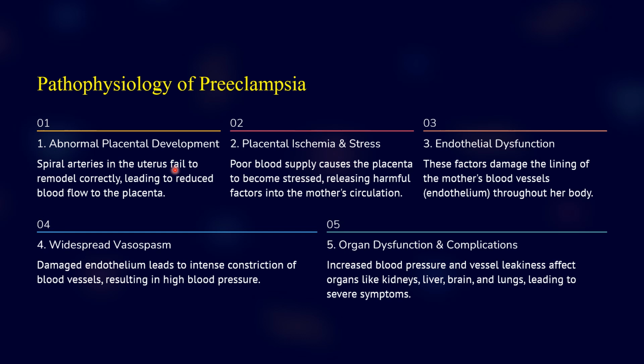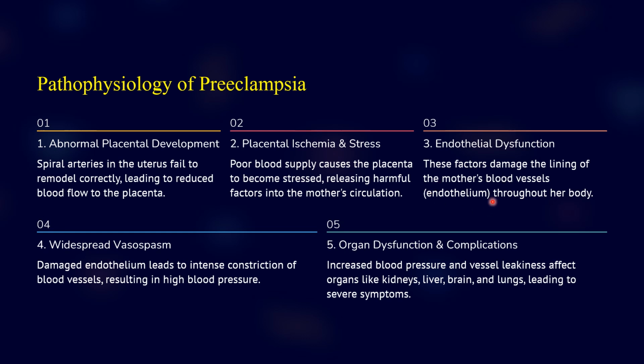So to recap, because of the abnormal placental development, there is a low blood supply to the placenta. With the poor blood supply, the placenta becomes stressed and starts releasing harmful factors, which damage the lining of the mother's blood vessels, especially the endothelium.